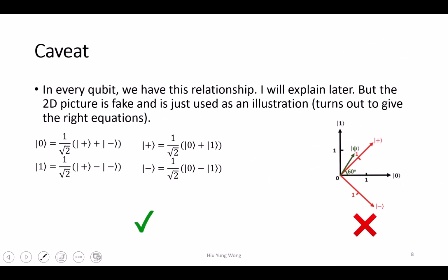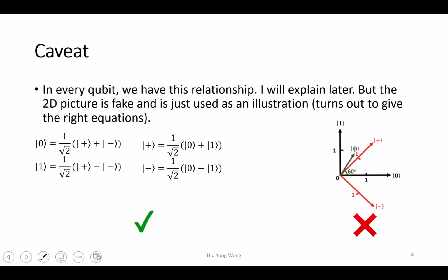So here I have a caveat, right? It turned out that in a qubit, this relationship is correct. I just told you 0 equal to plus minus over square root 2. This relationship is correct. But this picture is incorrect because the qubit does not live on the 2D real plane.